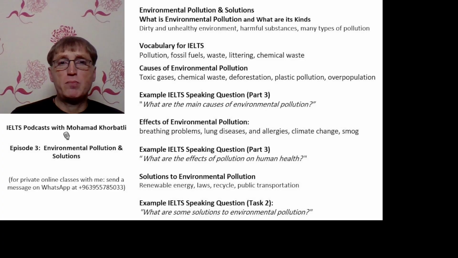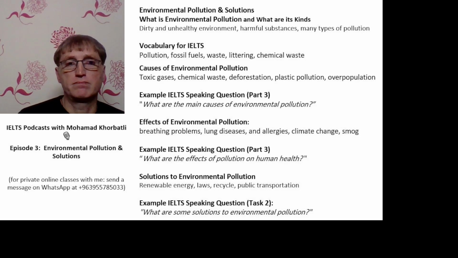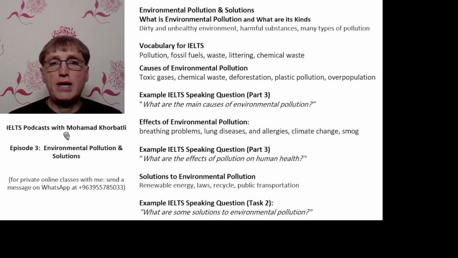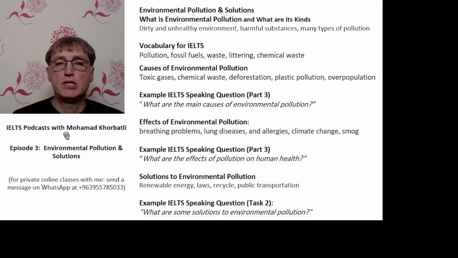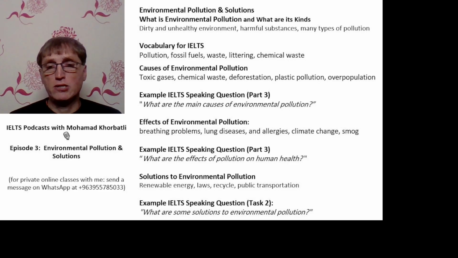Let's next consider possible solutions to pollution. There are many ways to reduce pollution and make the world a cleaner and healthier place. Using renewable energy like solar power and wind power instead of fossil fuels can help reduce air pollution. Governments can create laws to control emissions from factories and cars and promote cleaner manufacturing technologies and transportation solutions.